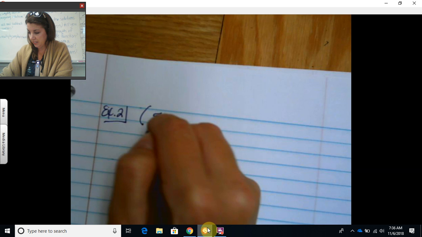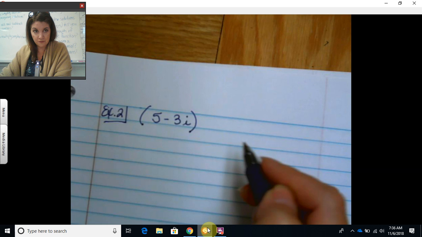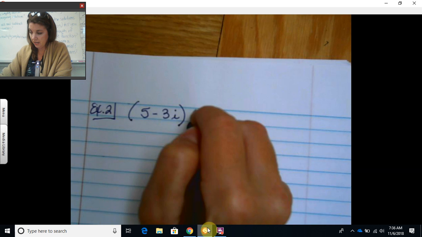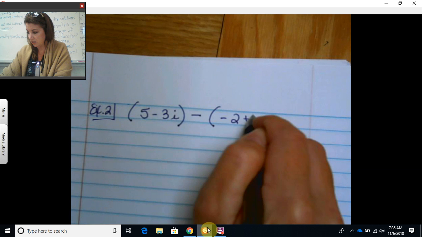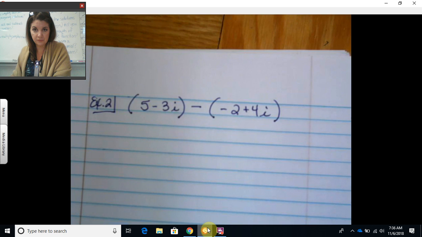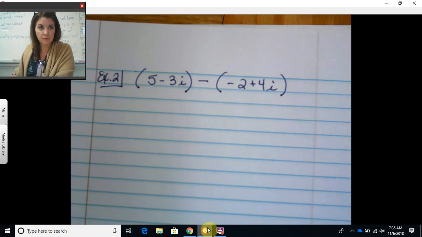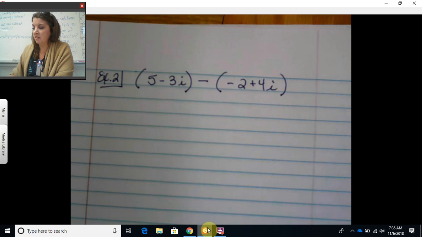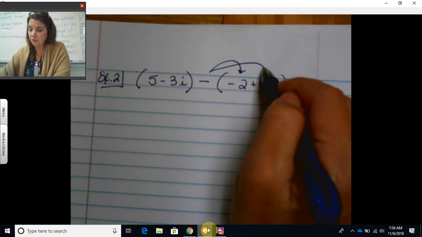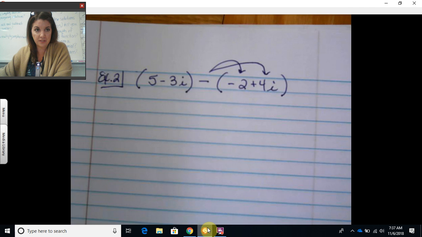All right, we have 5 minus 3i in the first set of parentheses minus negative 2 plus 4i in the second set of parentheses. Now before I can combine like terms, I've got to get rid of parentheses, meaning I've got to distribute this negative sign to every term in the second set of parentheses.